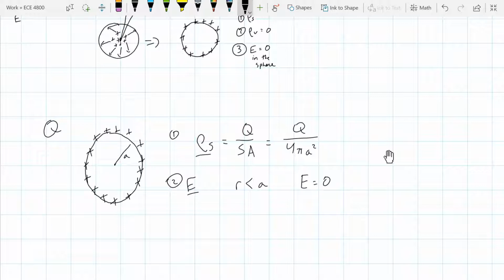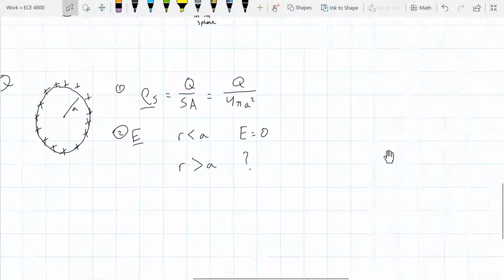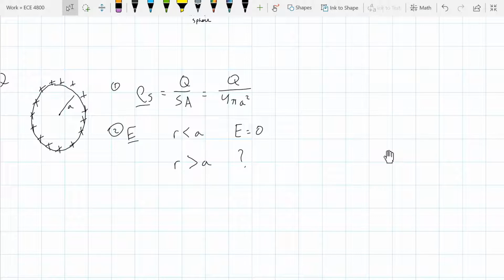For r is greater than a, how do we find the electric field? Is it Gauss's law? Yes, Gauss's law is back. So what we want to do is draw a Gaussian surface around this.